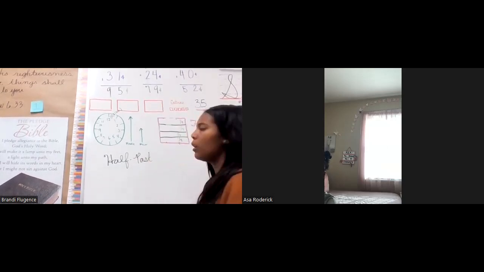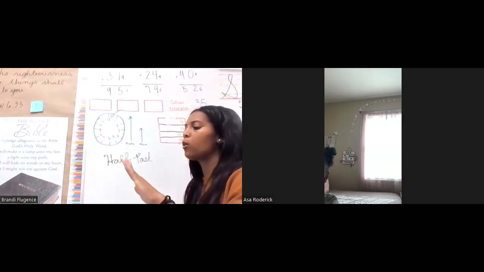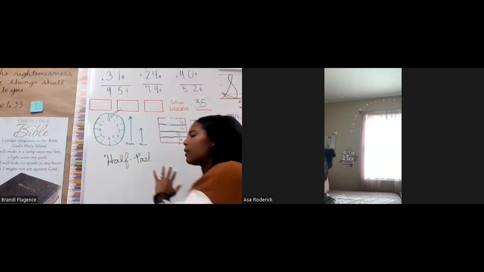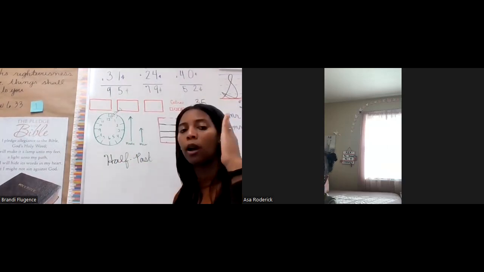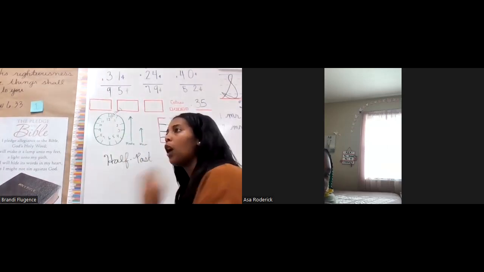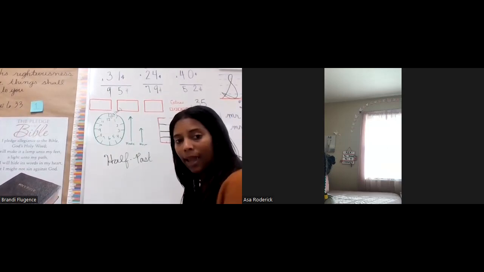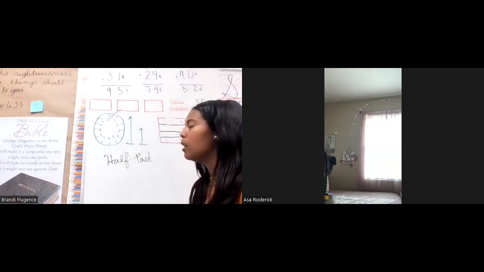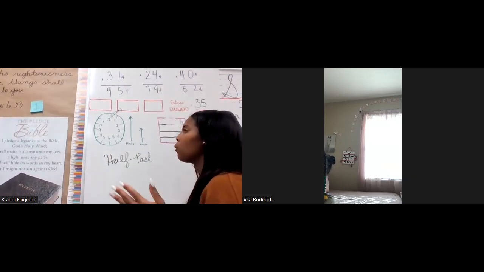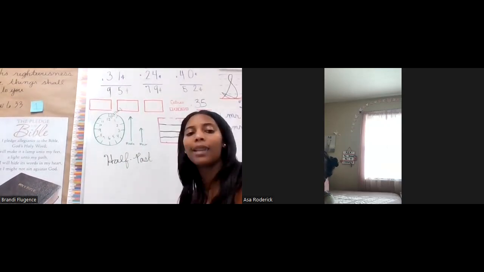So half past, so in a full hour, 60 minutes equals a full hour. So whenever I'm saying half past, I am saying that I'm halfway into an hour. I have not reached the full hour, 60 minutes yet, but I'm halfway there. Half past. So whenever you're telling time and they say it's half past an hour, that means that it's halfway inside of the hour.